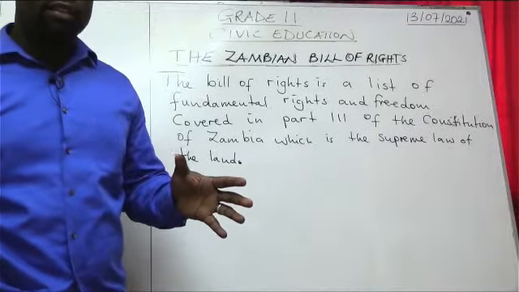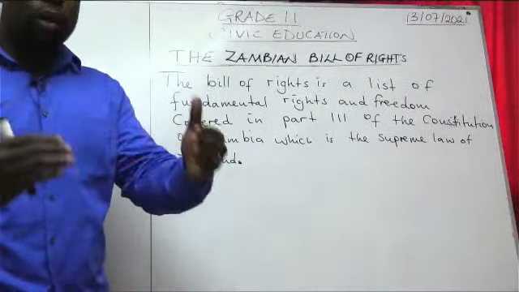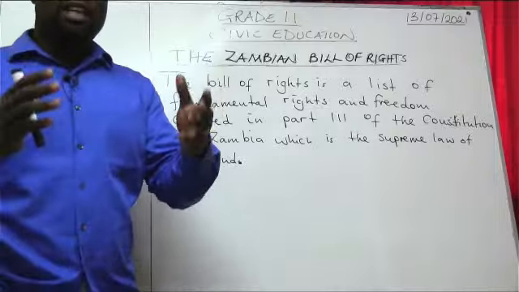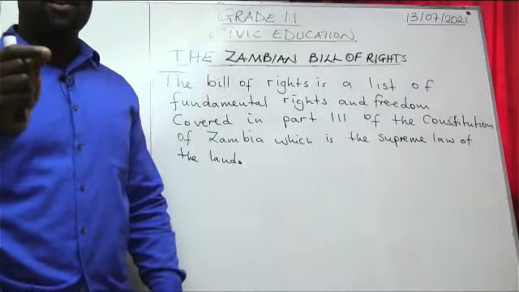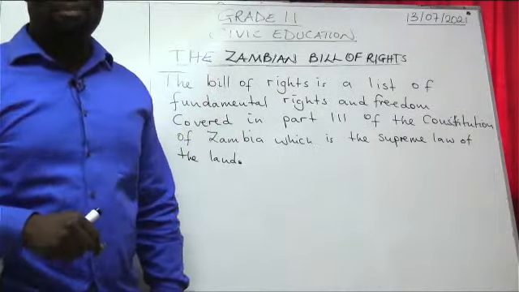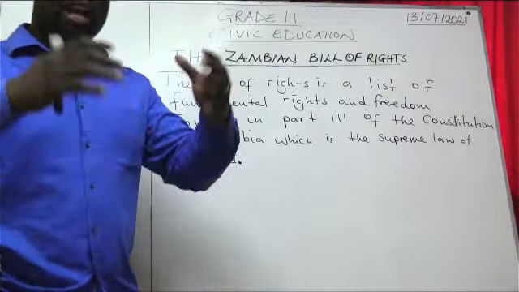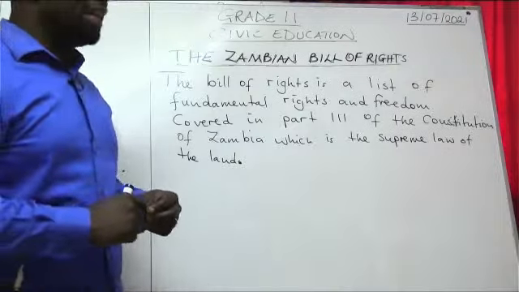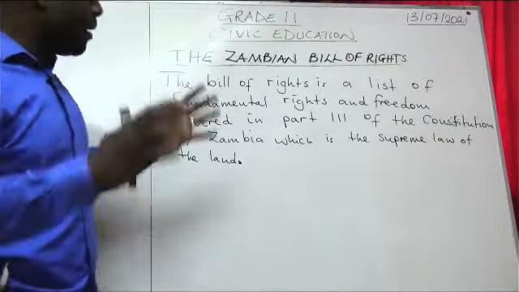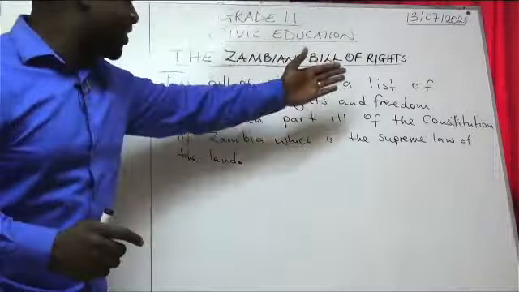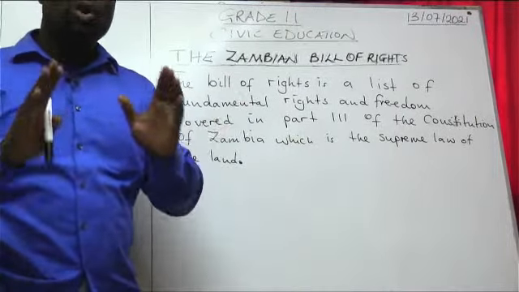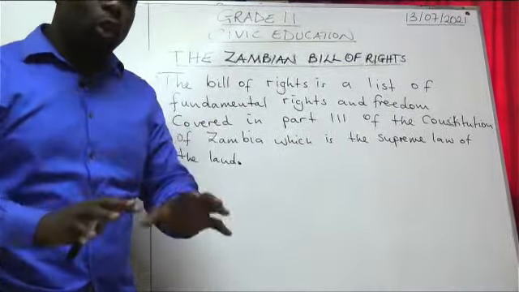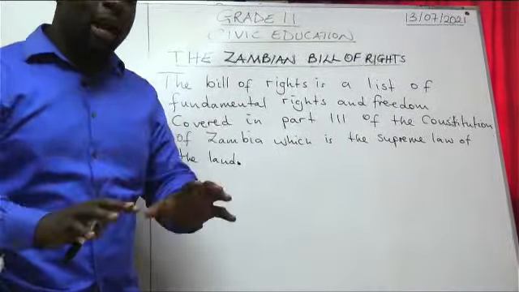Are we together? I want you to start visualizing and appreciating the value of your rights as an individual, covered in the Zambian Constitution. You remember what a constitution is, right? The Zambian Bill of Rights is a list of fundamental rights. When we talk about fundamental, we are talking about the basic rights.